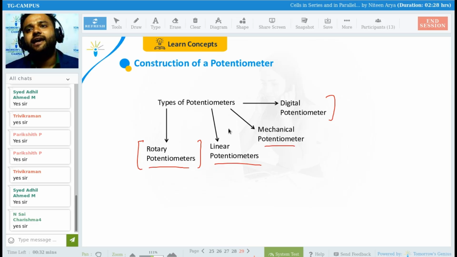Digital potentiometer you can find in any lab, wherever the counting is going on, like at a metro entrance or anywhere the count is necessary, like how many people get inside the metro station or the airport. There is a digital potentiometer.